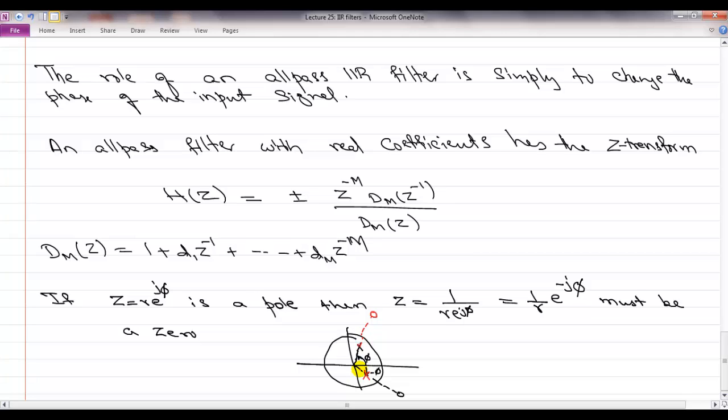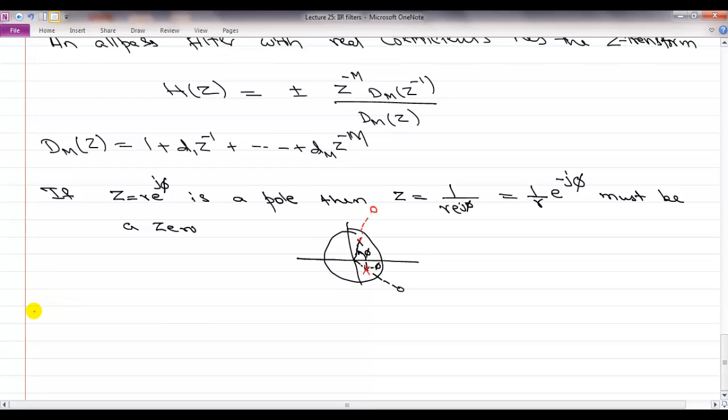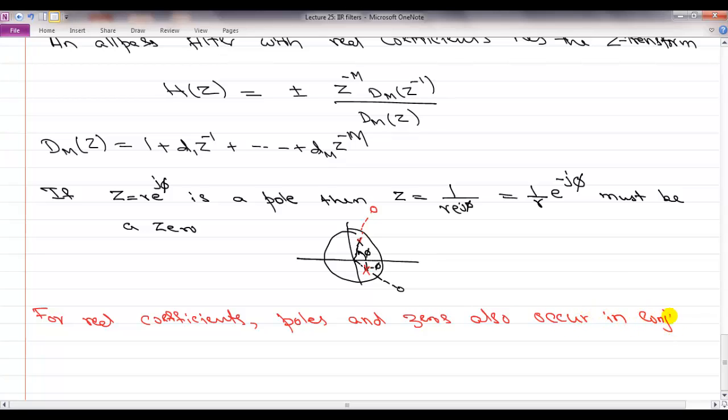So for an all-pass filter, this is the condition, and for real coefficients, poles and zeros also occur in conjugate pairs. Okay.